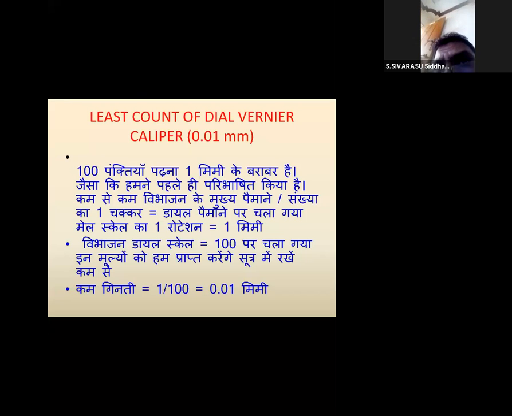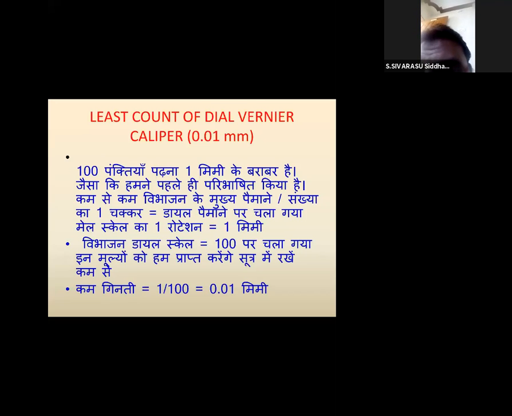If the pointer moves 1 rotation, that is 1 mm. One rotation of the main scale is 1 mm. The divisions moved on the dial are 100; one rotation means 100 divisions on the dial. That equal distance moves in the fixed and movable jaw, which is 1 mm.